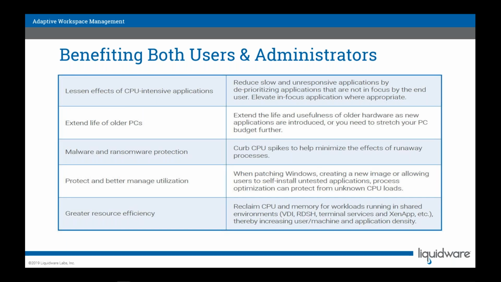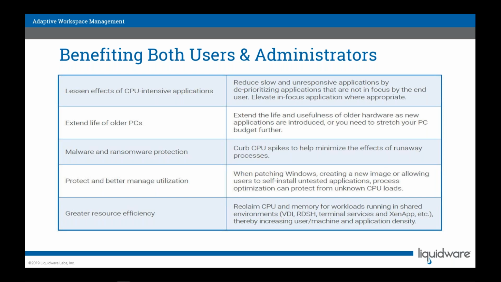Let's talk about some of the specific use cases or benefits both to users and administrators. So we've talked about lessening the effects of CPU-intensive applications. Of course, as we know, the way that Windows manages resources, when a specific application's CPU use is curbed, the associated RAM is also curbed.